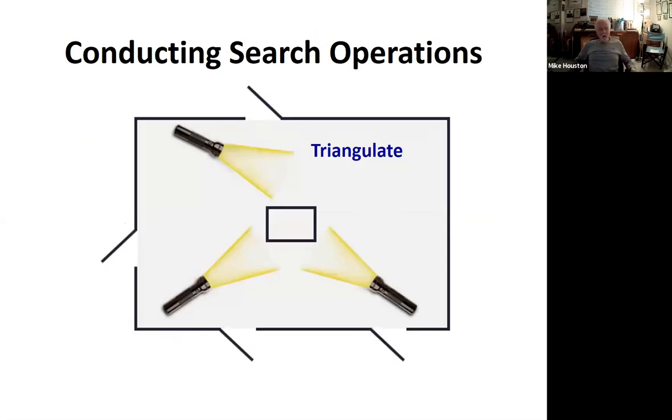And if we're in a room where we can't see everything underneath the debris, well, if we've got some light, or we can get 3 or 4 rescuers looking at it from 3 or 4 different directions, we might be able to see without having to remove any of the debris, which certainly would be helpful in speeding things up, and would avoid injuring a possible victim that might be covered by the debris.